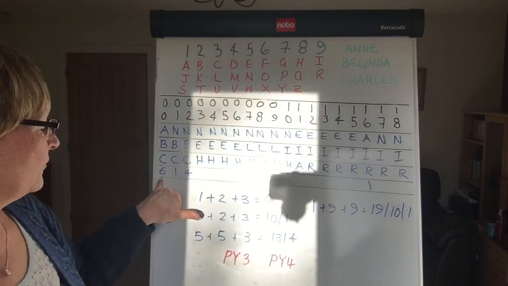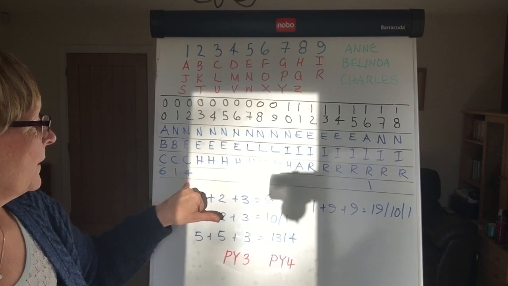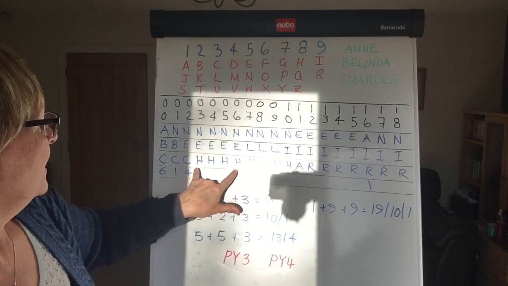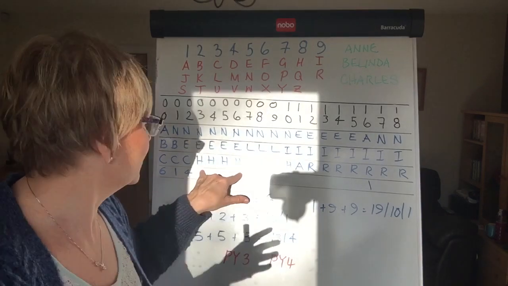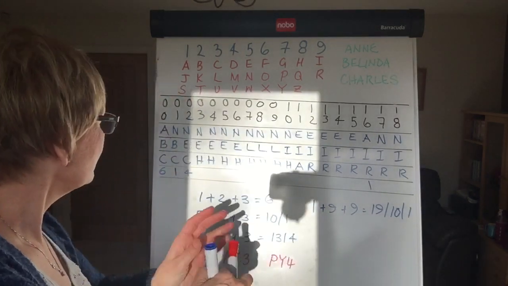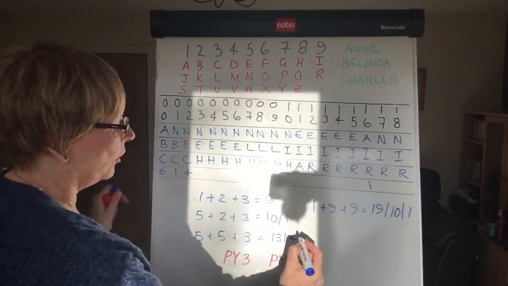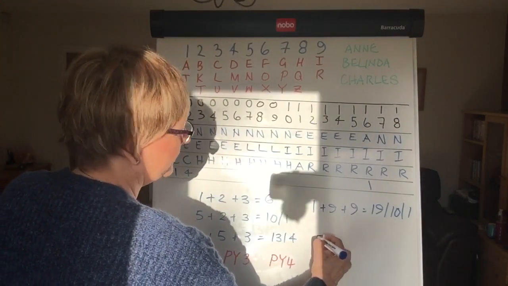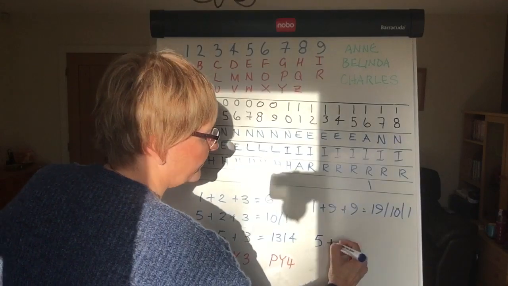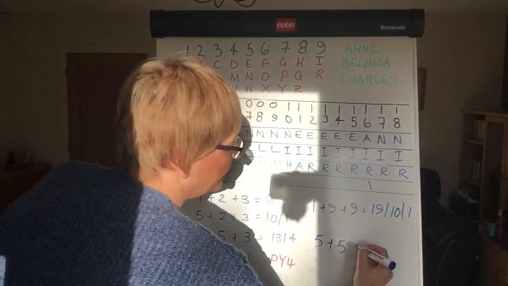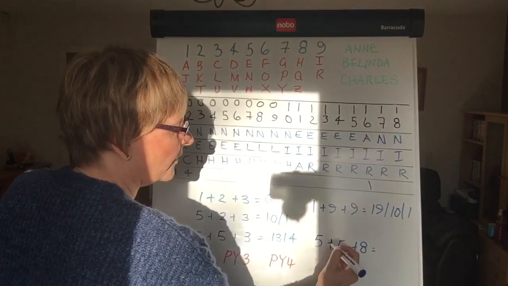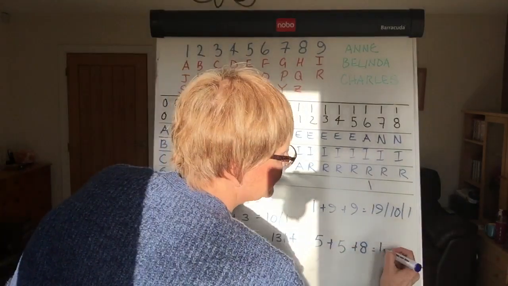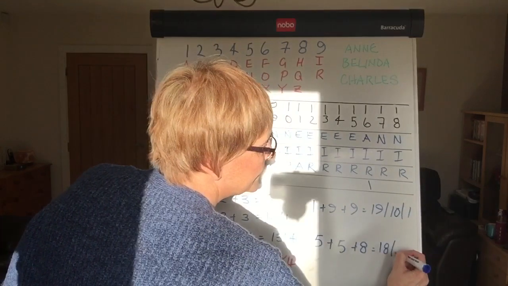Anne was originally looking for a 6, then a 1, then a 4. We've worked out here actually, in the next 4 years, Anne will have the same number. So let's just work this one out, shall we? So what have we got here? We've got the N, which is a 5, plus the E, which is a 5, plus the H, which is an 8. Equals 5 plus 5 is 10, plus 8 is 18. 1 plus 8 is 9.